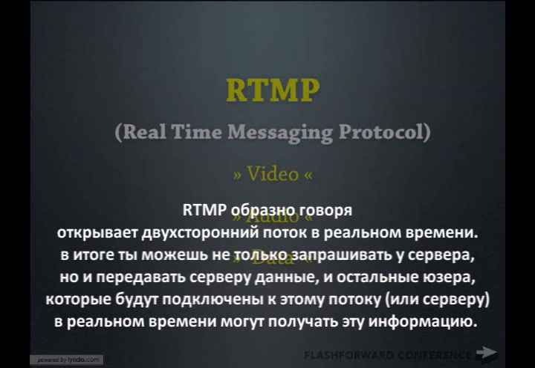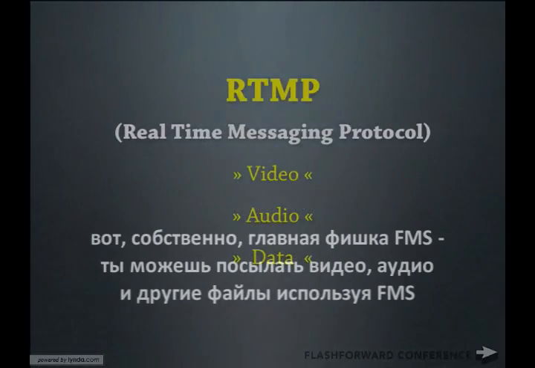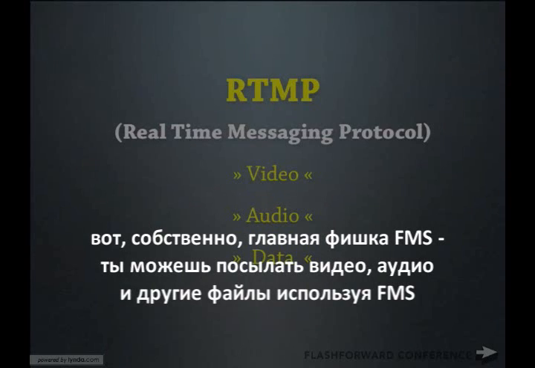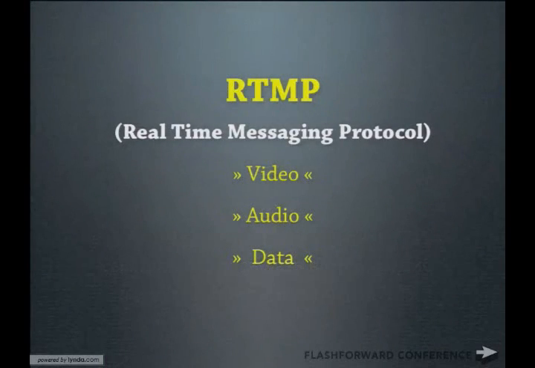So you can go out to a server, but you can also push things to that server. And all the other people connected to that open socket will receive that information. That's the really powerful part of FMS. And you can send video, audio, and data over that connection.